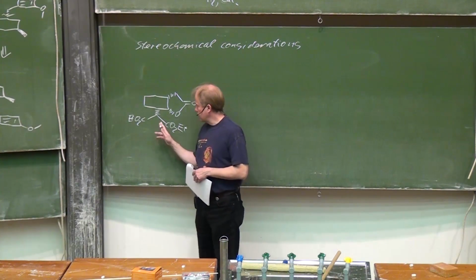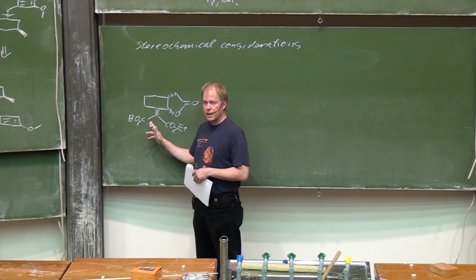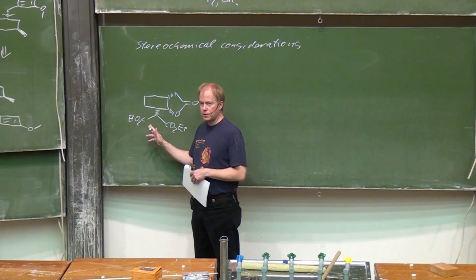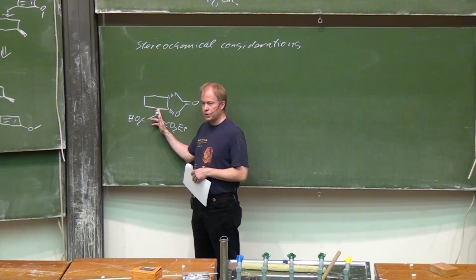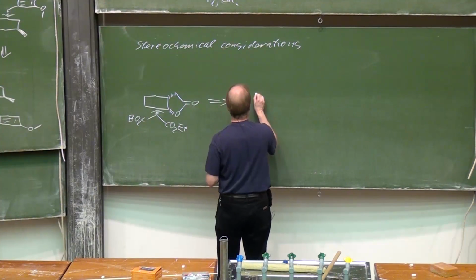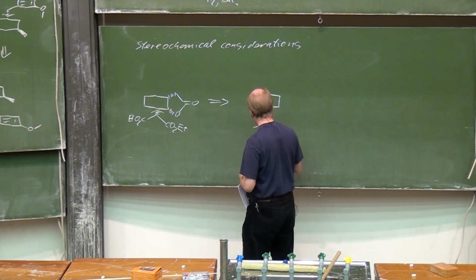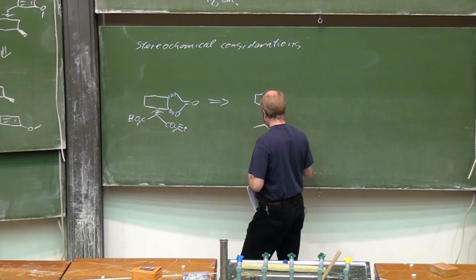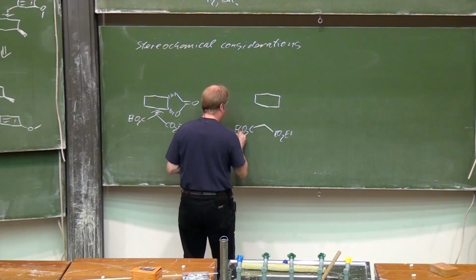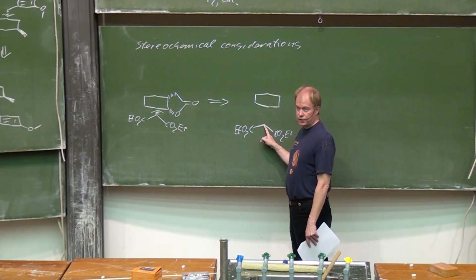A bond which is easy to make is this one. So a malonic acid ester nucleophile could be introduced here. Easily deprotonated, so this is the nucleophile then.